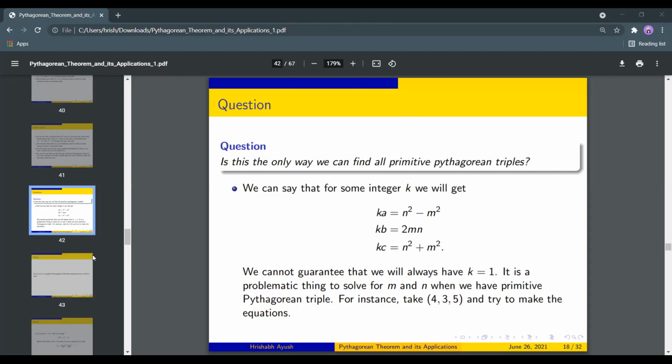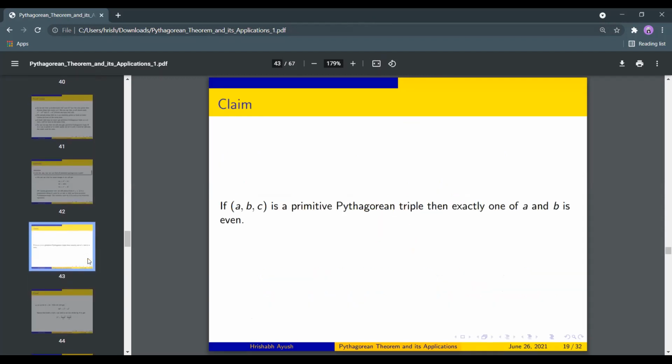Okay, so let's move to the next slide. Our claim is that if A, B, and C is a primitive Pythagorean triple, then exactly one of A and B would be even. We saw in the previous slides that not all of them can be even, and not all of them can be odd at the same time. We are talking about A and B, not concerned about C at the moment.